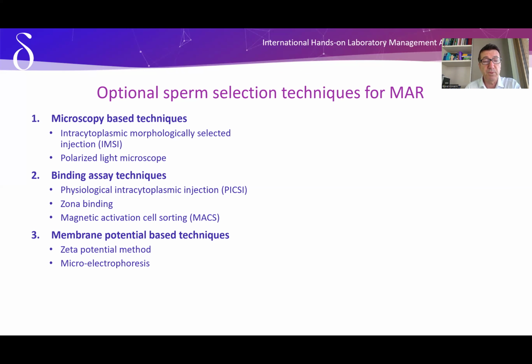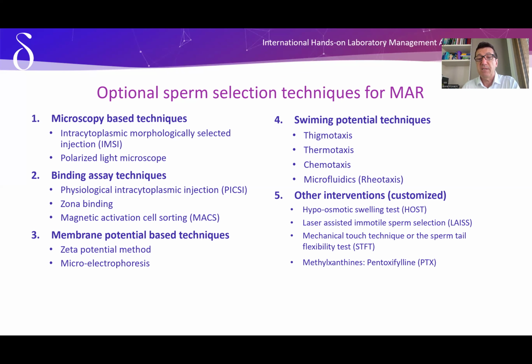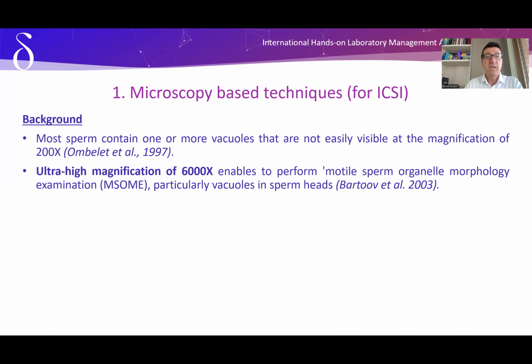Then there are membrane potential-based techniques, 2 of them, not a lot of publications about these methods. And then the very interesting swimming potential techniques. I will explain different properties of sperm during the swimming. Some other intervention techniques, in fact, these are customized techniques, and then the 6th group of artificial intelligence-based techniques. So let's start with the first one.